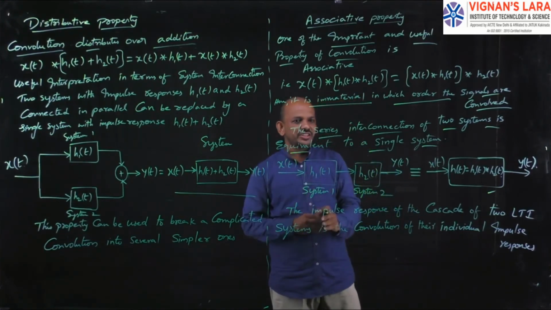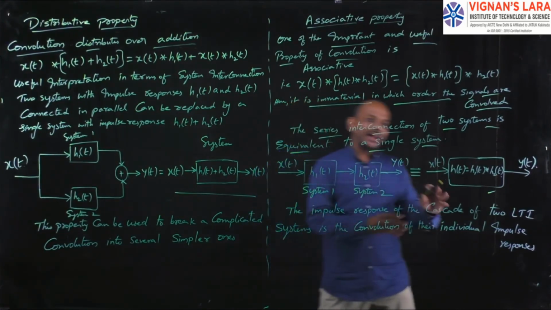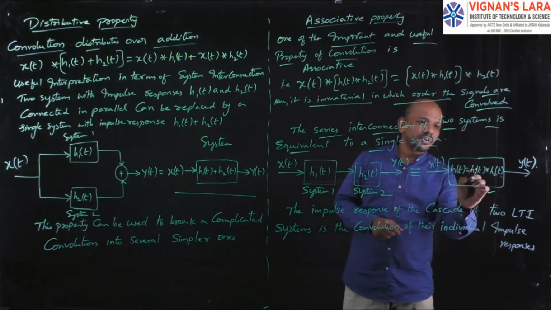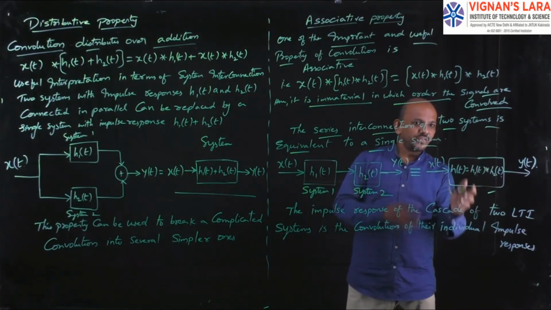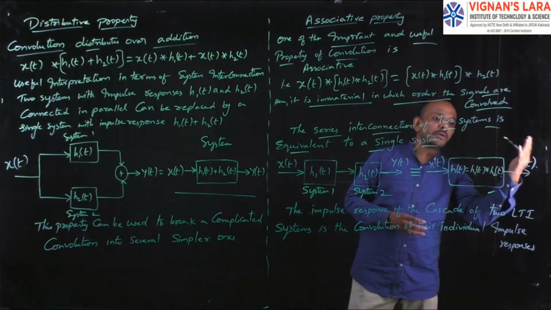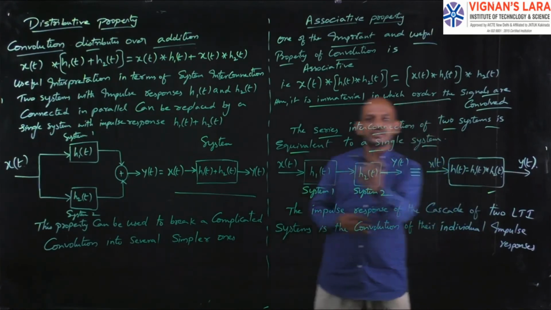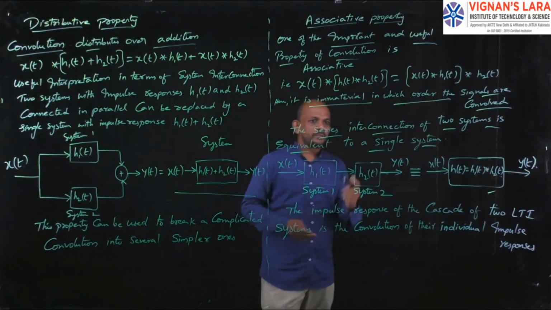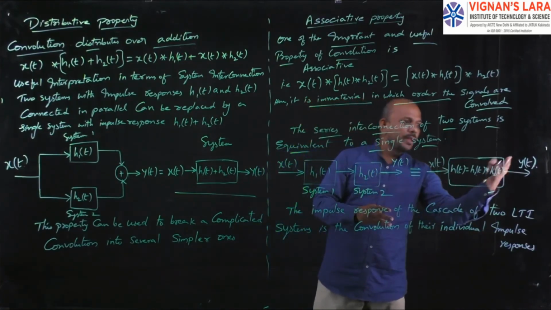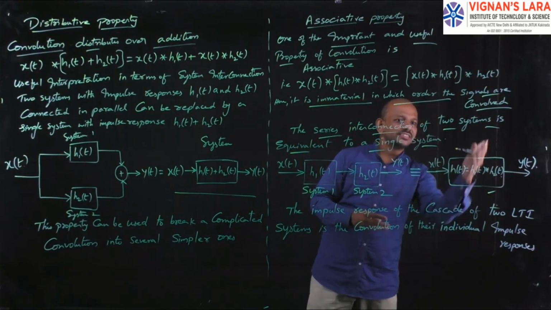This combination is equivalent to another system with the impulse response h1 of t convolution h2 of t. For that system the input is x of t, and it is producing the same output y of t that is produced by the previous system.